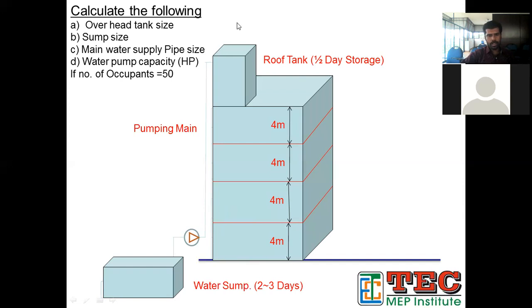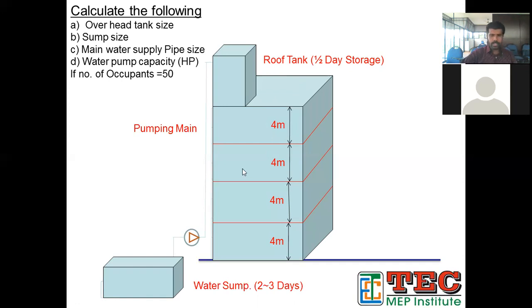If you have taken a 5,000 liter tank as the overhead, for 1 day storage, what will be your underground tank capacity if you are taking 3-day storage? Yeah, 15,000. If you are doing half day, it will be 10,000. If you are doing 1 day storage, the tank capacity will be 15 meter cube or 15,000 liters.